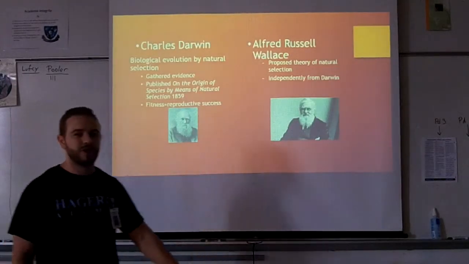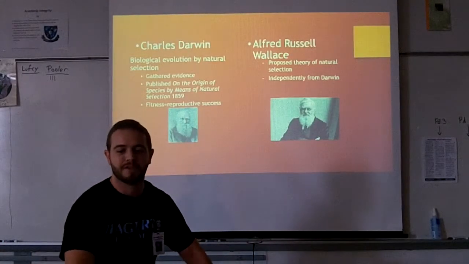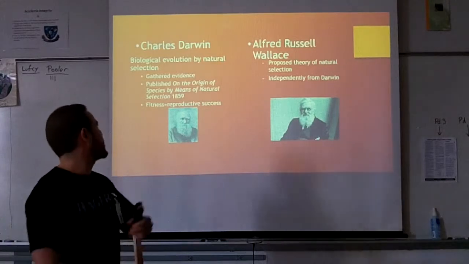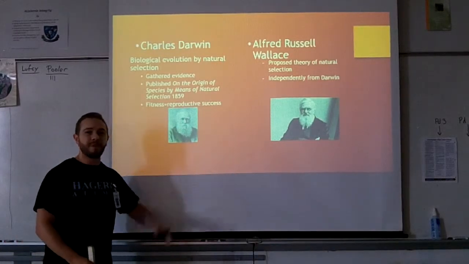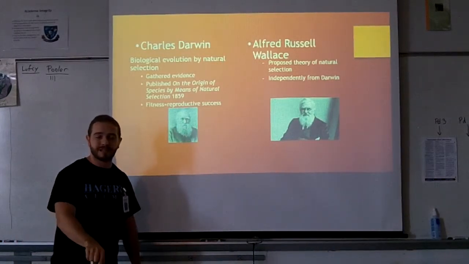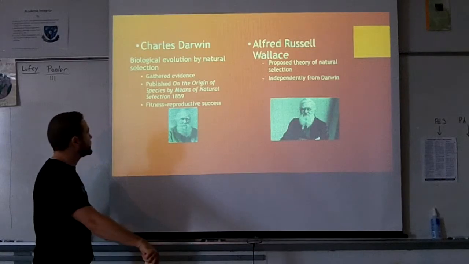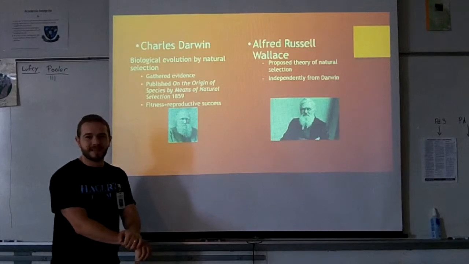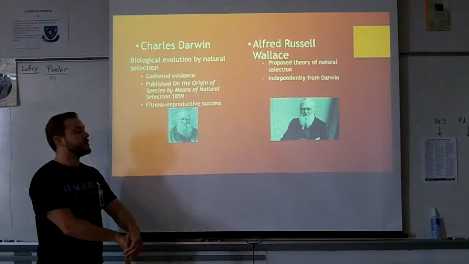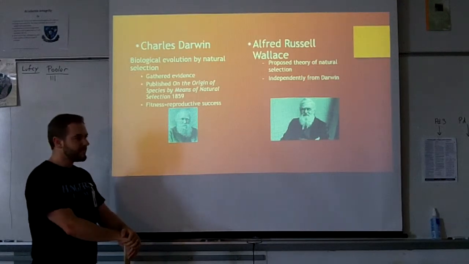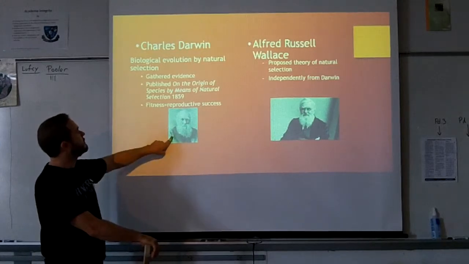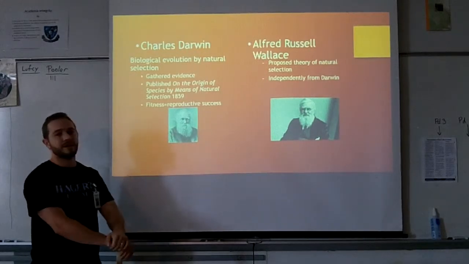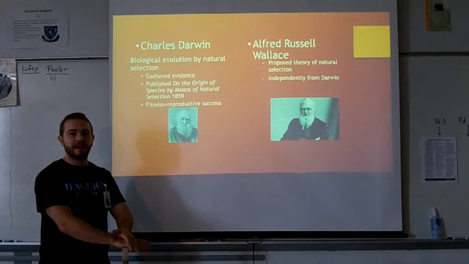So let's talk quickly about Charles Darwin and Alfred Russel Wallace. Both men independently came up with the idea of natural selection. Charles Darwin was already at this point a well-respected scientist, and Alfred Russel Wallace was just getting started. Years prior, Charles Darwin had gone on the HMS Beagle on a 5-year voyage.